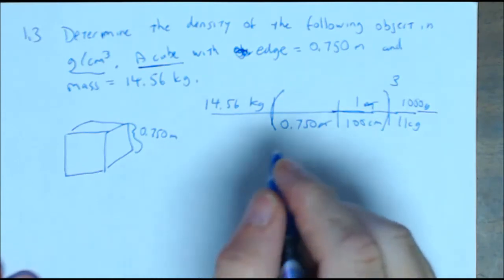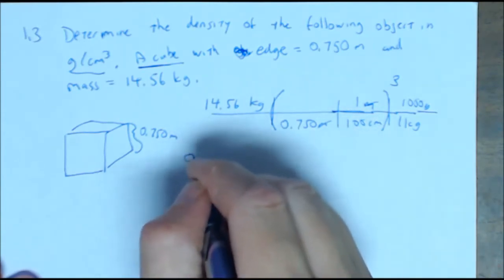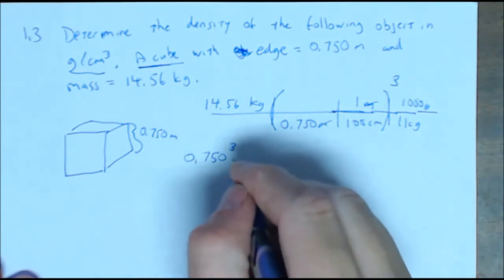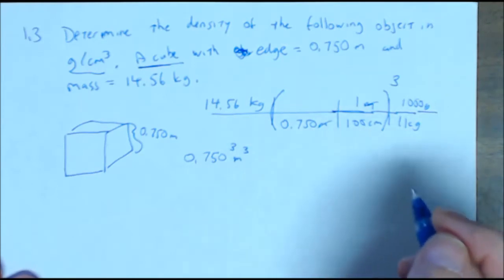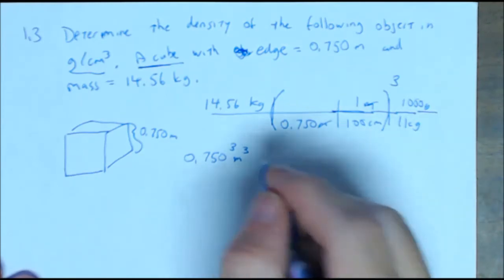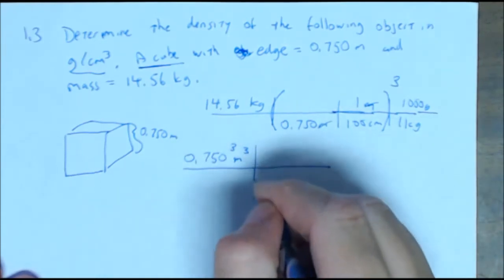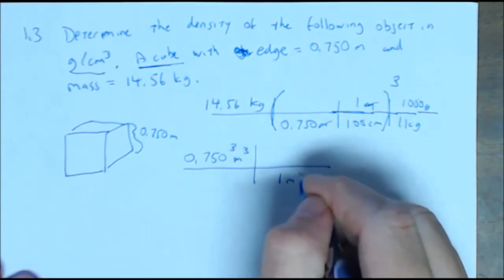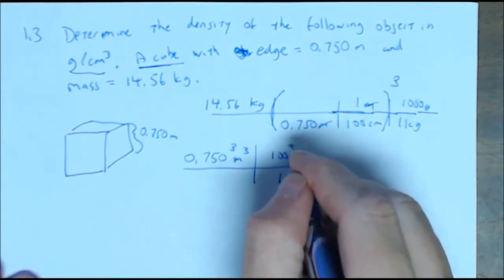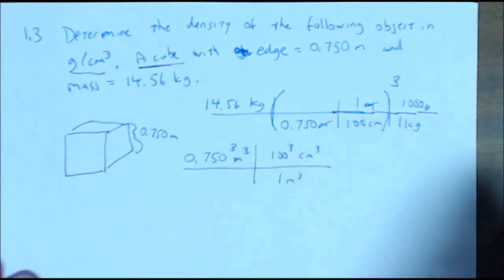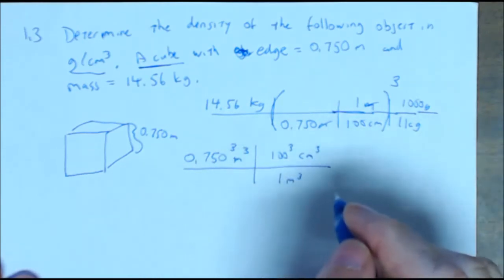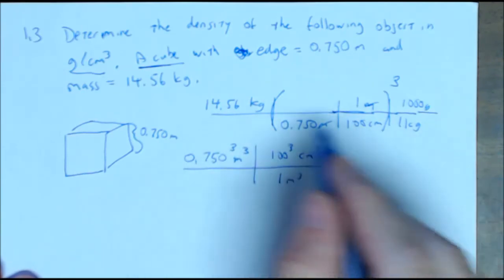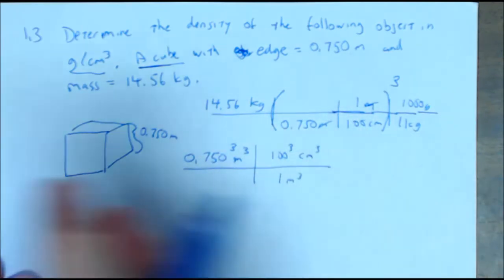I can take the 0.75 meters and I can start by cubing that. Okay, so that's going to cube my meters. And then I've got to be able to convert that over into centimeters. So I know that 1 meter cubed is equal to 100 cubed centimeters cubed. And that's another way of doing this particular problem. Okay? But I'm going to do this one up on top and show you how we solved that.